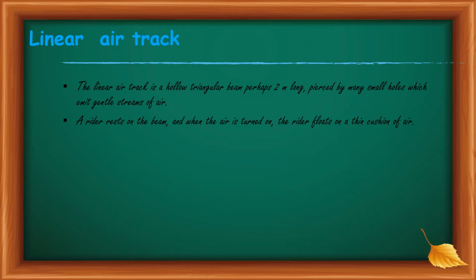And a rider. Did you see in the figure? The rider rests on the beam, and when the air is turned on, the rider floats on a thin cushion of air.